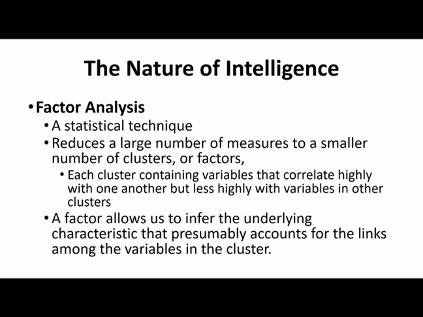Once you've delivered as many tests as you can think of, you'd want to look at the results of those tests and see if any of those results correlate with one another. Basically, you're asking, are there any tests that people who score high on test 1 always score high on test 2, while other people tend not to score high on it? Or is there any test that people who score low on it also score low on another test?